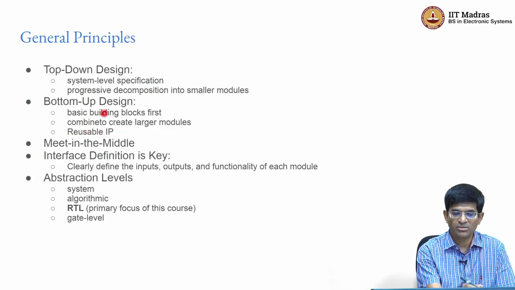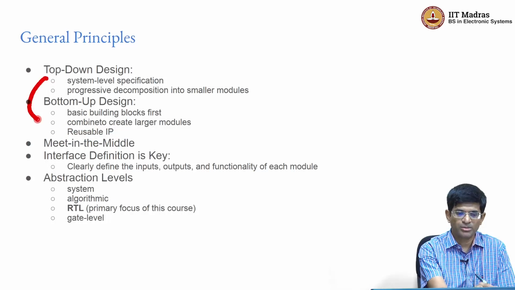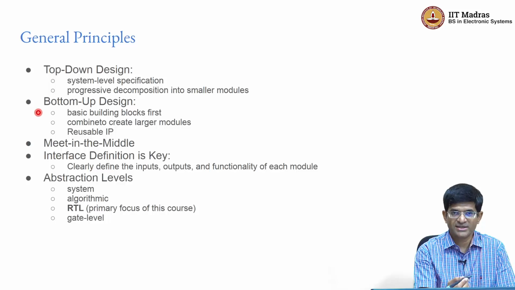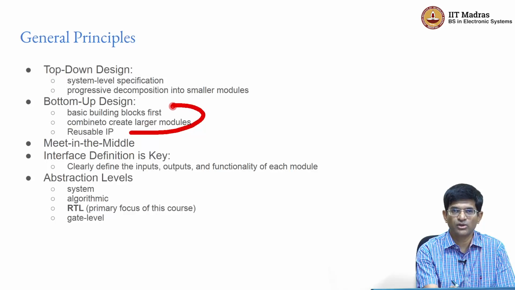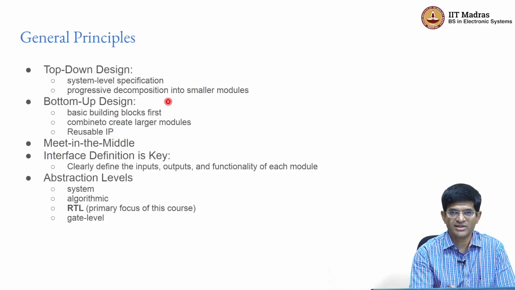Now of course reusable IP, it's not that top down and bottom up are mutually exclusive or that they are fundamentally different approaches. And in fact what is usually done is some kind of a meet in the middle approach. And what we mean by that is there would typically be teams of engineers who are working on various kinds of reusable IPs, making better and better adders, making better register files and so on.